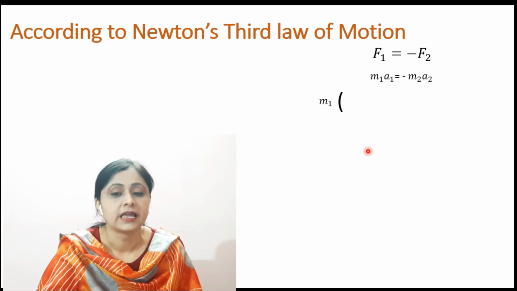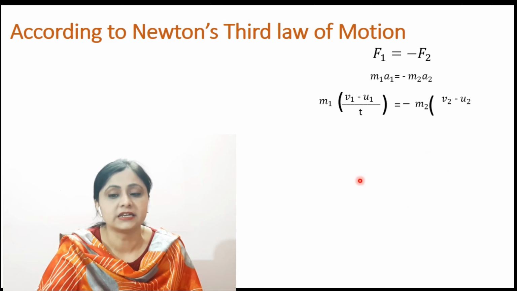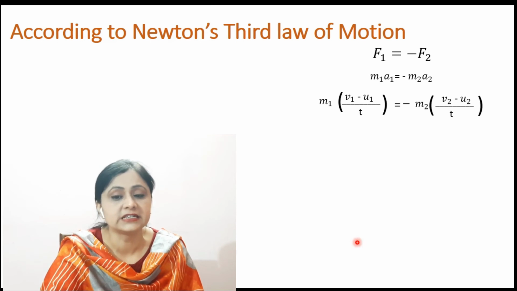So m1 (v1 minus u1) upon t is equal to minus m2, and we write the formula of a2, (v2 minus u2) upon t. We write the same t here, not t1 and t2, because both collide in the same time.